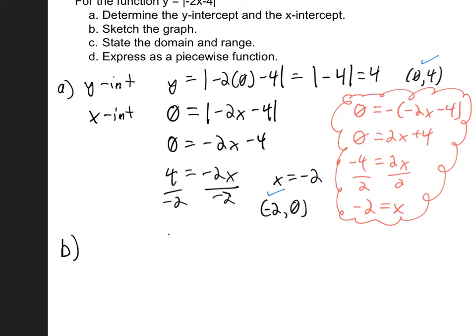So we're just looking for a simple sketch here. Let me make a very standard graph. We can see that this has an x-intercept at (negative 2, 0).